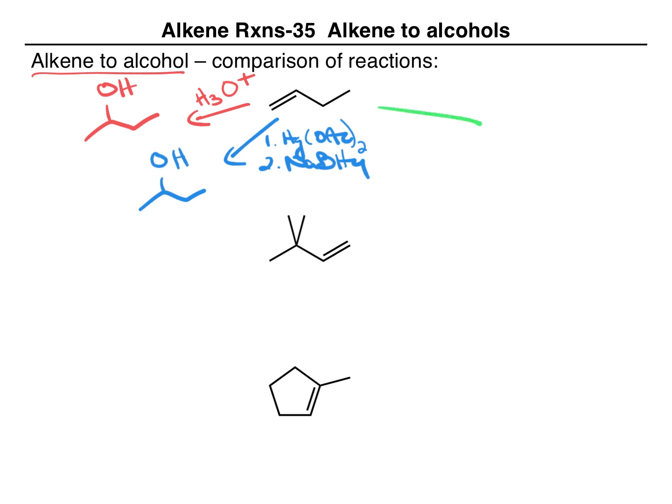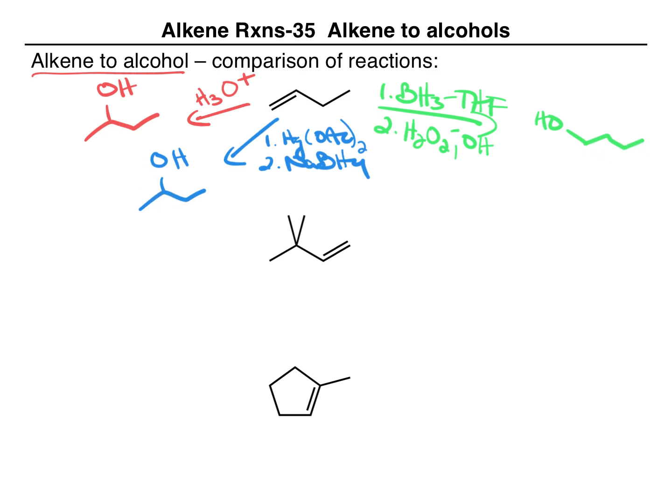Now our third approach is to use hydroboration-oxidation, so we can use BH3 THF, followed by hydrogen peroxide and hydroxide. And here we get the opposite regiochemistry. We get 1-butanol instead of 2-butanol.